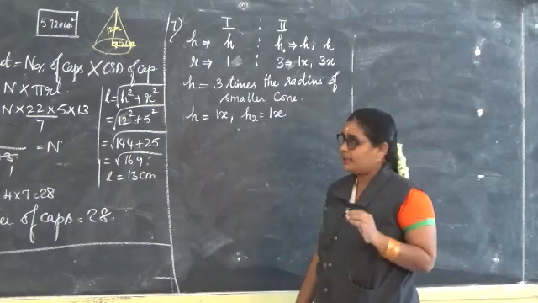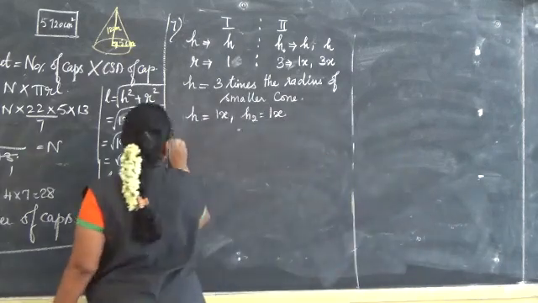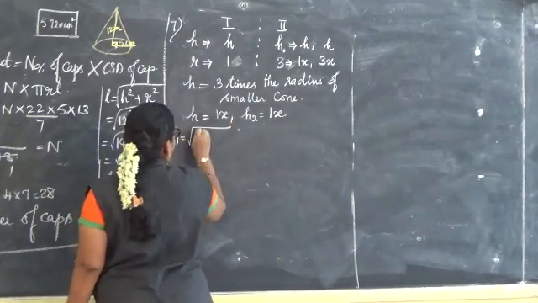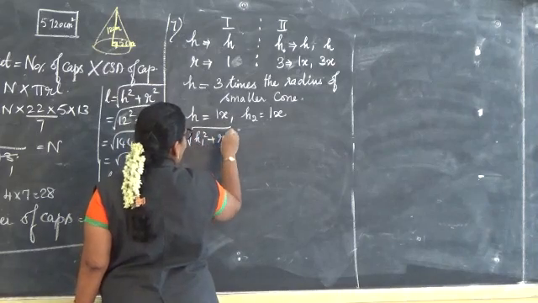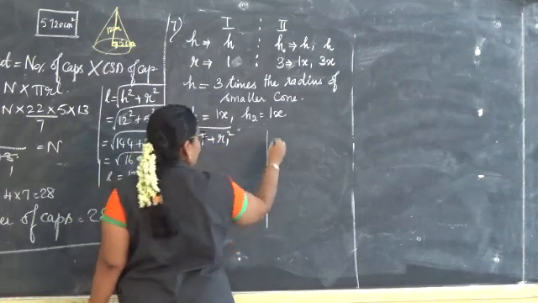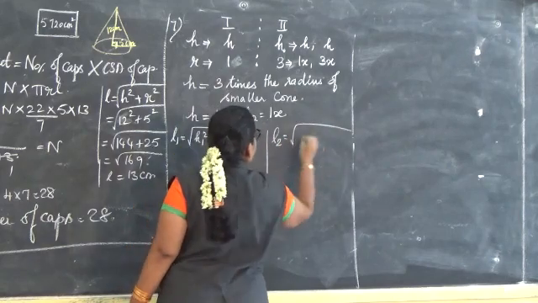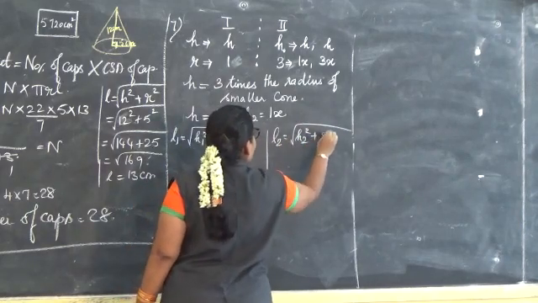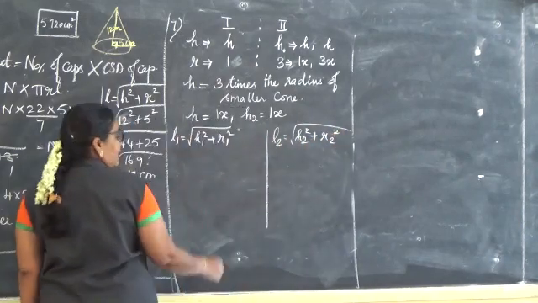This is the thing. Then what will be the L1 for the first cone? Root of h1 square plus r1 square. The same pattern we are finding for L2, which is your h2 square plus r2 square. We will calculate the values now.